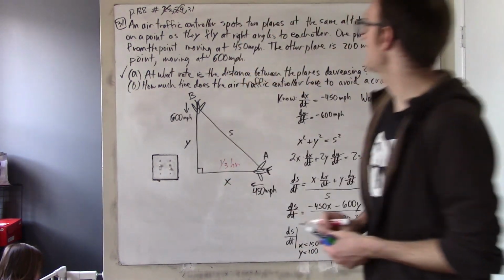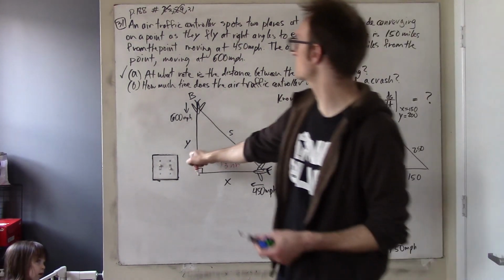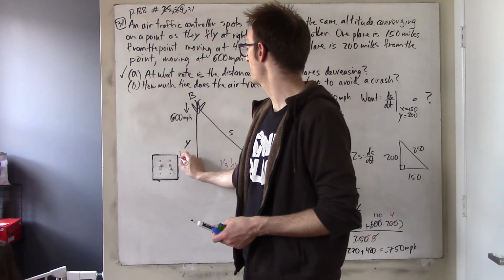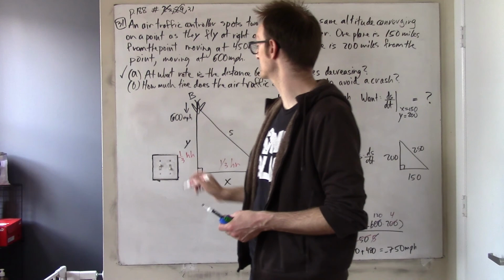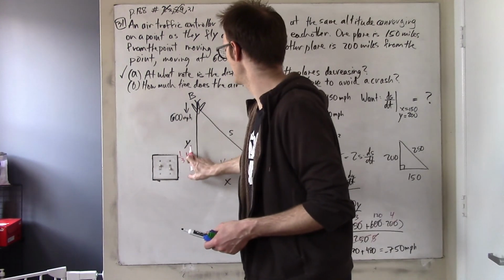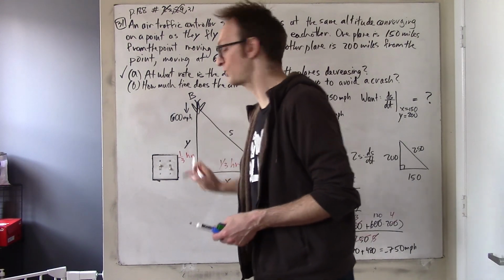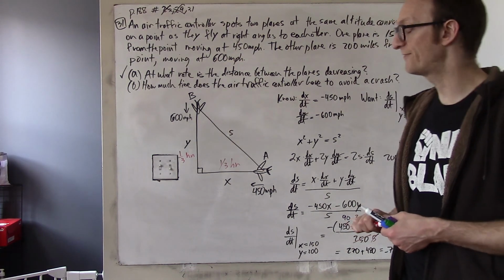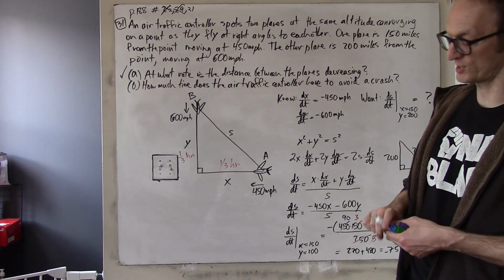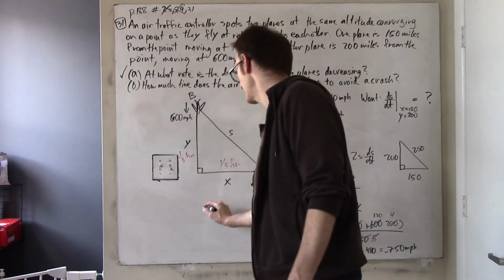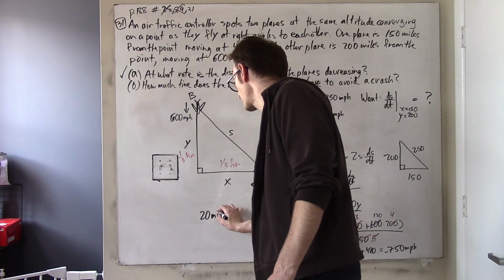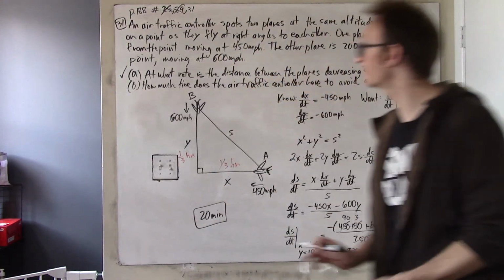One third of an hour, and this one is 200 miles away, and it's moving at 600 miles per hour. So these planes really are going to crash into each other exactly if no one calls it off. And so the answer is that these two planes are 20 minutes away from crashing into each other.